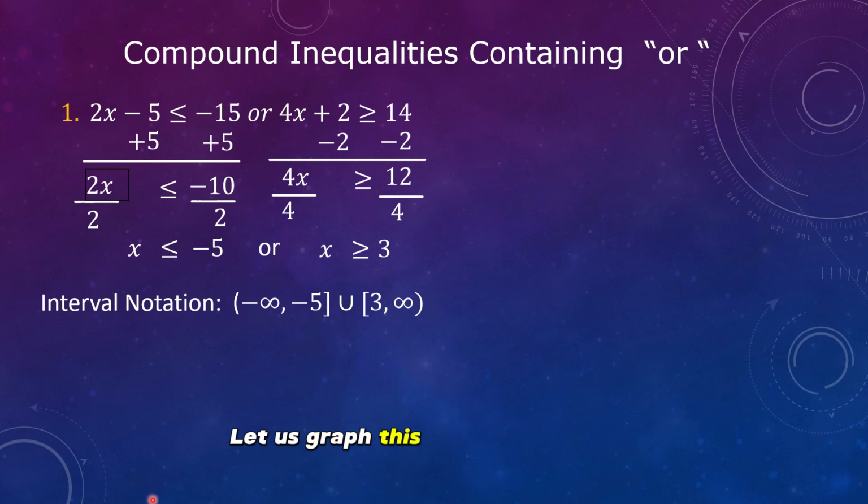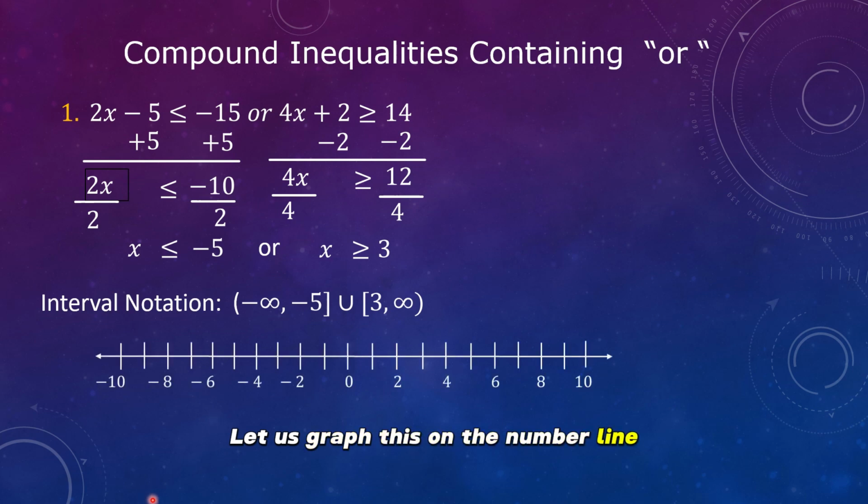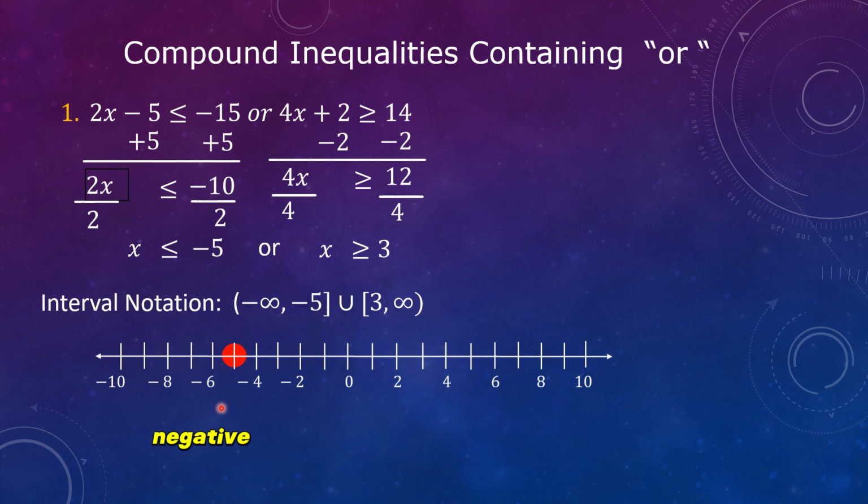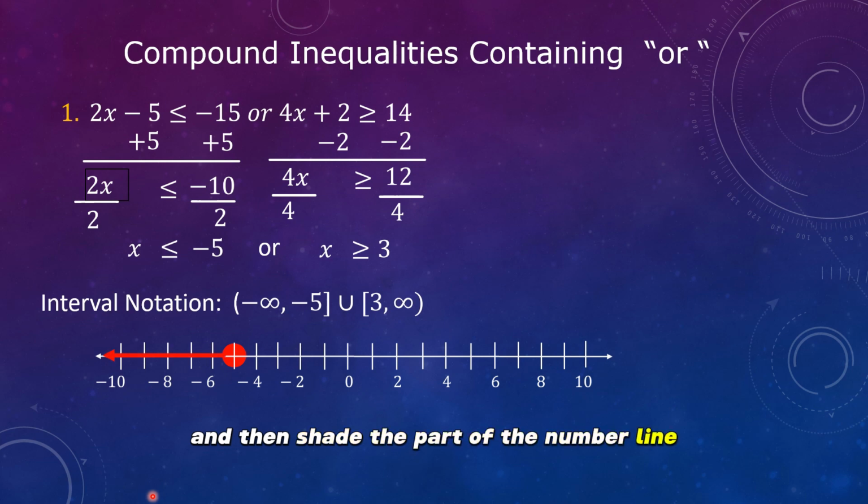Let us graph this on the number line. We are going to draw a closed circle at negative 5 to indicate that negative 5 is a value of x, and then shade the part of the number line to the left of negative 5 going to negative infinity.